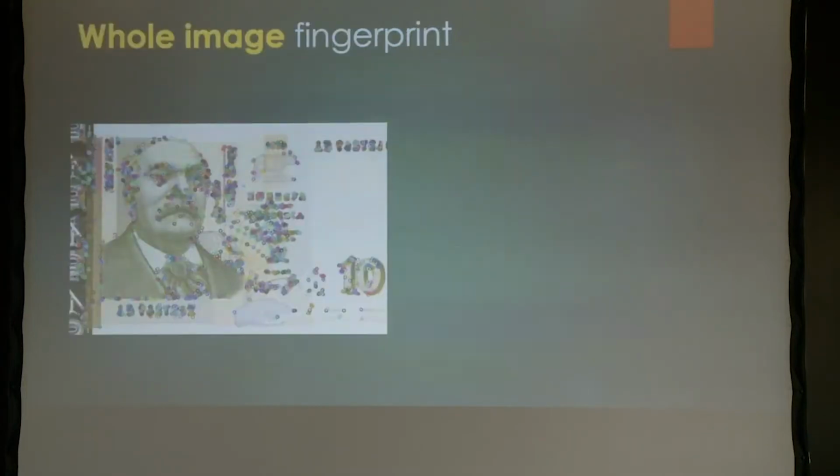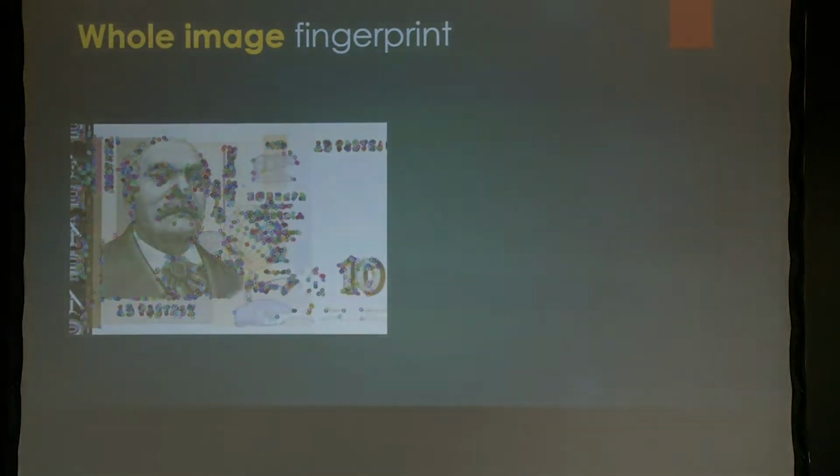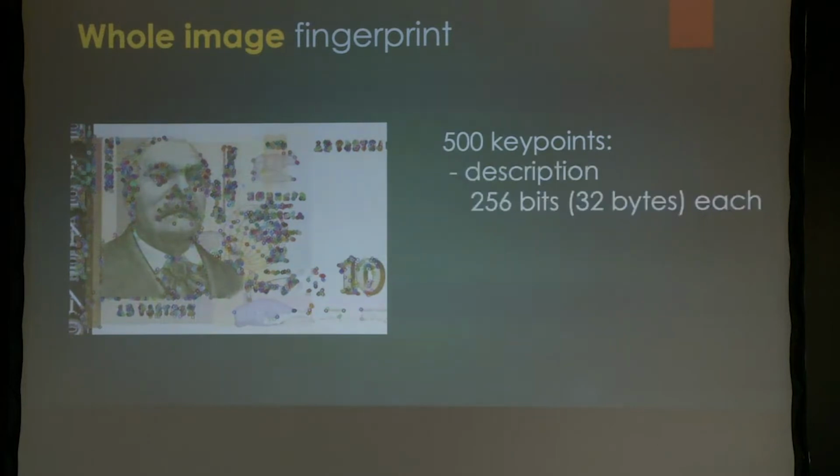Okay. Now what? We have 256 random pairs. What about the whole fingerprint? How can we represent the whole fingerprint? Because with 256 bits, we represented just one key point. For the whole fingerprint, we have 500 key points. So we just get the descriptions of all of them, plus their locations. We need to know where exactly in the image they are.